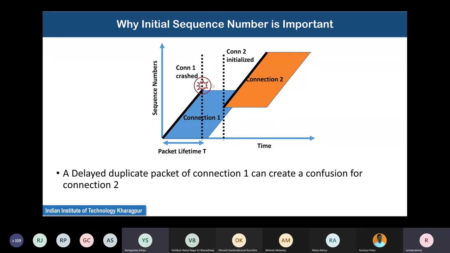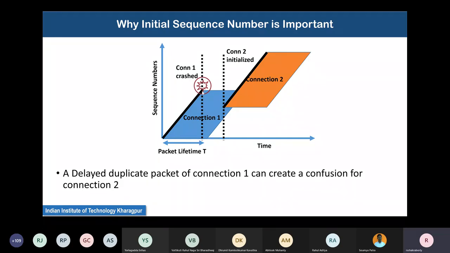So the concept is that there is an increasing sequence number over time. There is a packet lifetime T which defines a parallelogram called a forbidden zone. Why is it called a forbidden zone? That is what we are trying to understand.